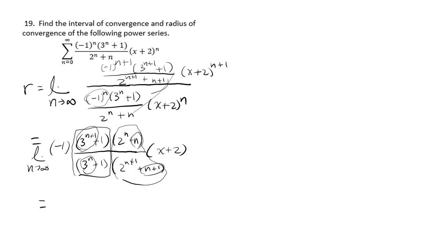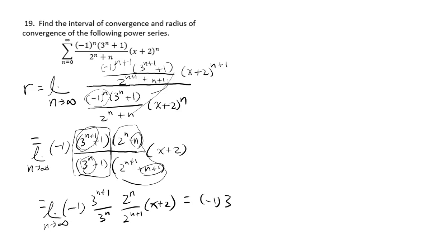So that's going to give you negative 1, 3 to the n plus 1 divided by 3 to the n, 2 to the n divided by 2 to the n plus 1, limit n going to infinity, x plus 2 is still there, which will be 3 to the n plus 1 divided by 3 to the n will be just 3. And this one is 1 over 2, x plus 2.